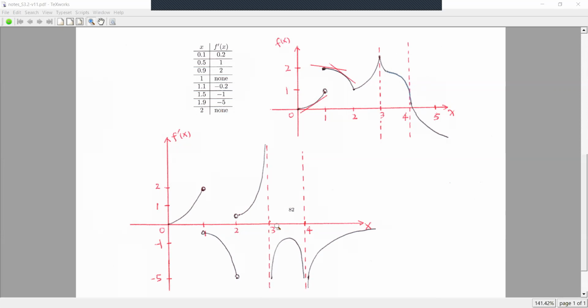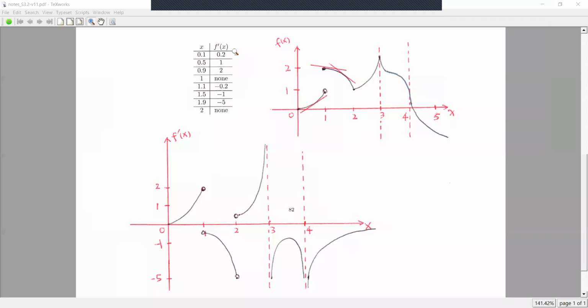Now, when x is away from 3, the value of the derivative is smaller and smaller, but still negative. Beyond some point, derivative becomes larger and larger, but still negative. When x is close to 4, derivative is very large, but negative. Actually, when x approaches 4 from the left side, this curve goes down to negative infinity.